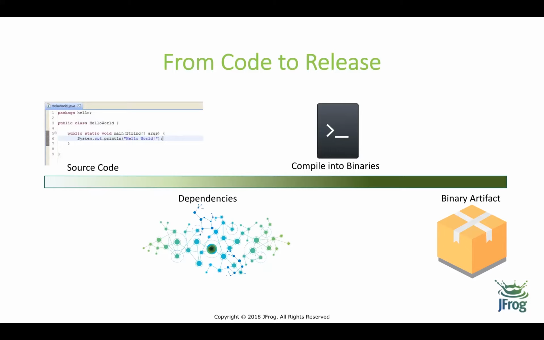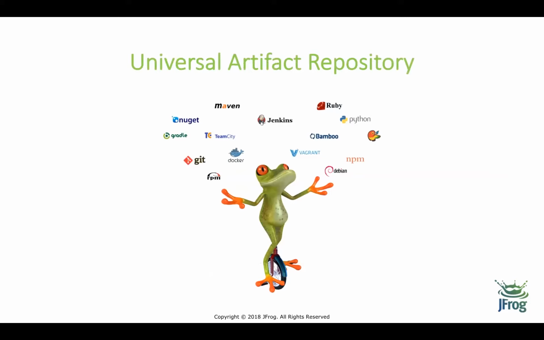There are always dependencies, whether you are depending on other groups within your organization or open source third-party libraries. Then using the compiler, in this case the Java compiler, we build the binaries in combination with the dependencies, and the output of that is packaged into a binary artifact. In the Java world, we typically see a jar or a war file as a binary artifact.